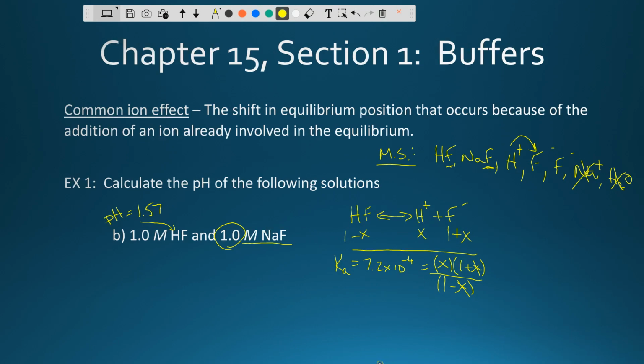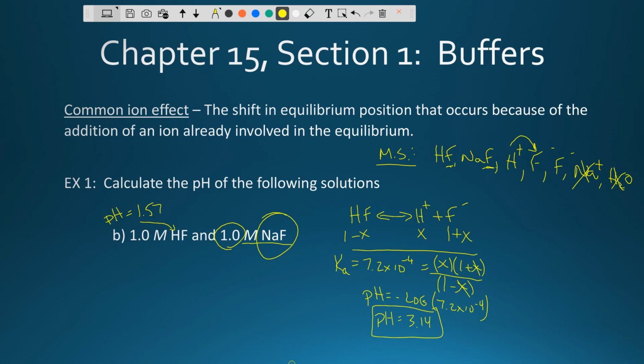So 7.2 times 10 to the negative 4 equals x, and my pH is going to be the negative log of that, and so my pH ends up being 3.14. That's because I added in my sodium fluoride.